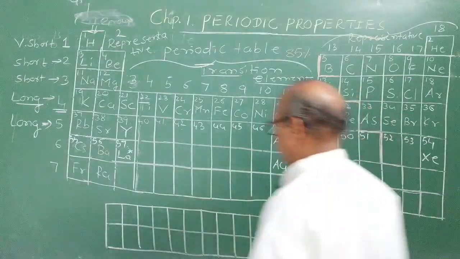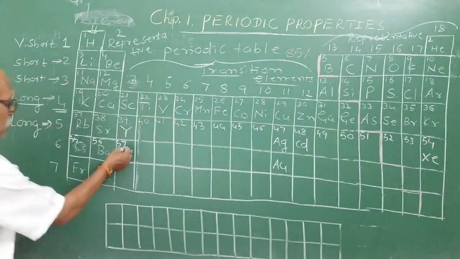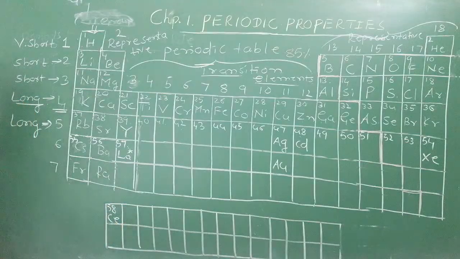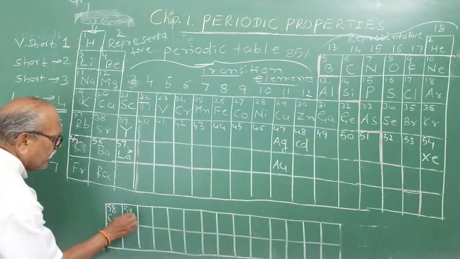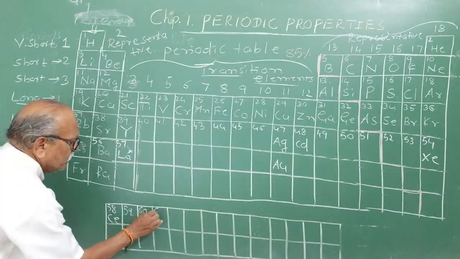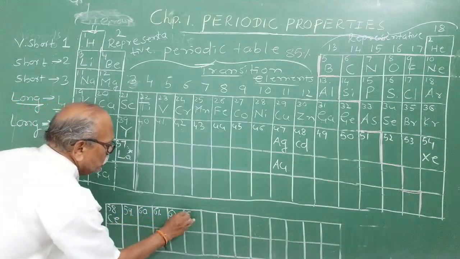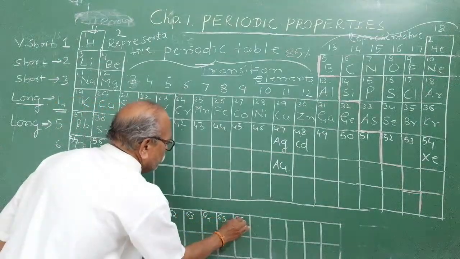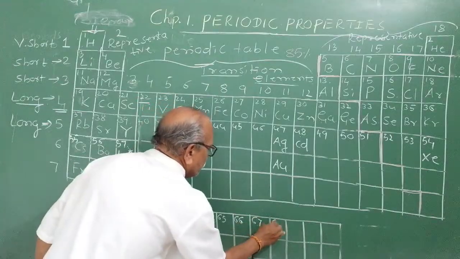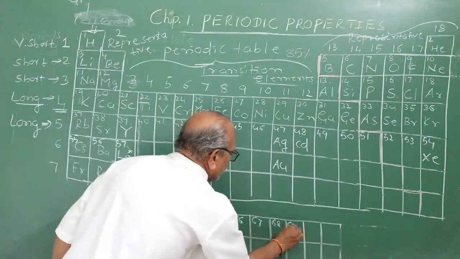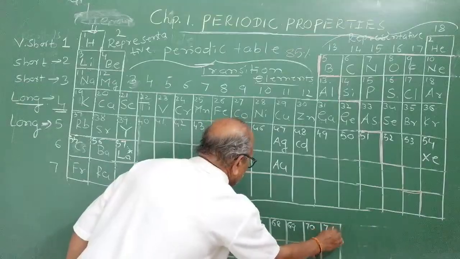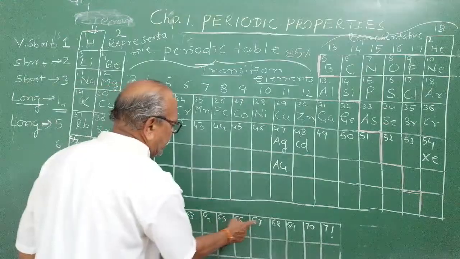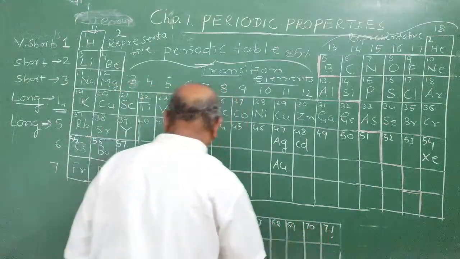How many boxes are here? After that, you have 58. This element is cerium. You can continue 59, 60, 61, 62, 63, 64, 65, 66, 67, 68, 69, 70, 71. Check 1, 2, 3, 4, 5, 6, 7, 8, 9, 10, 11, 12, 13, 14.